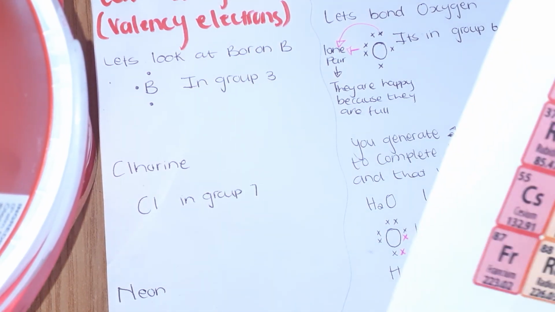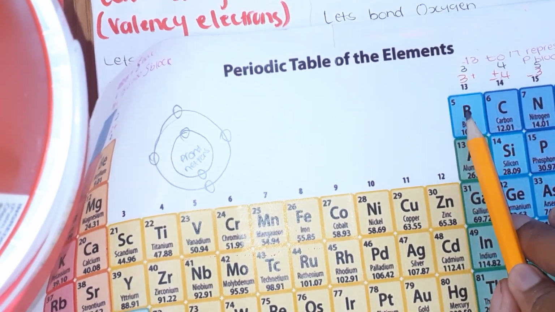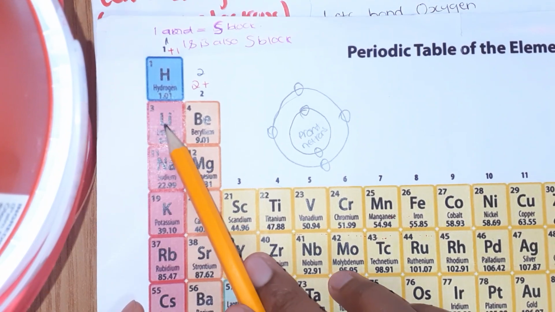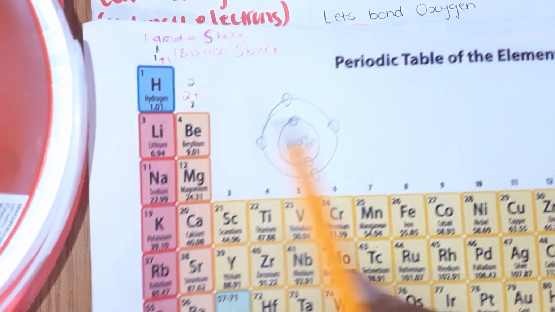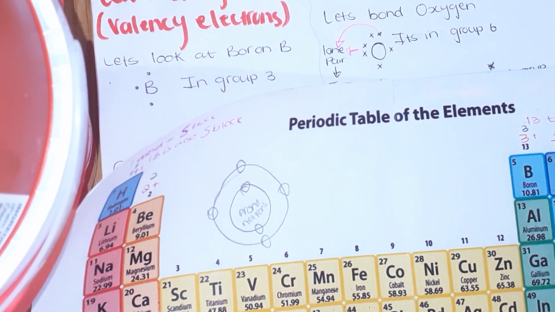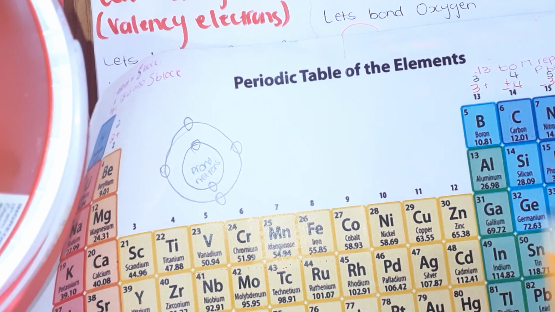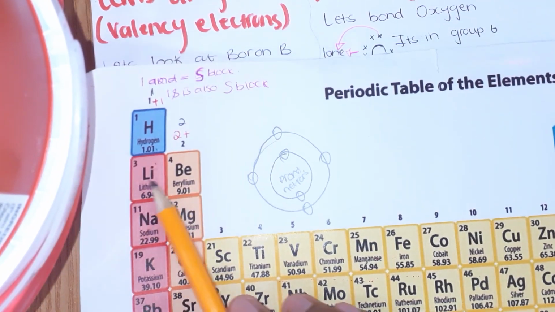Now let's look at boron. Boron is here. The valency electrons, we have 1, we have 2, and this is 3. We're not going to look at the first ones because we are not dealing with that. With a Lewis diagram, you only look for the valency electrons.